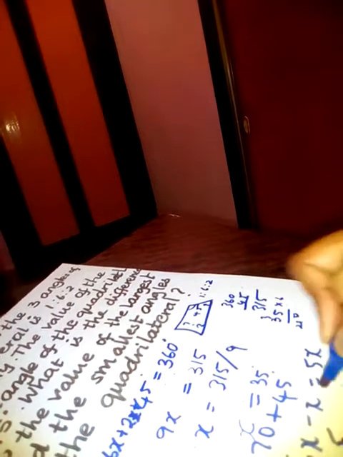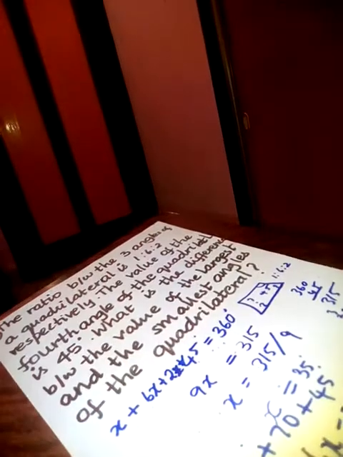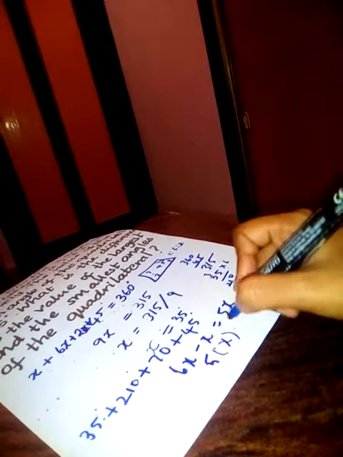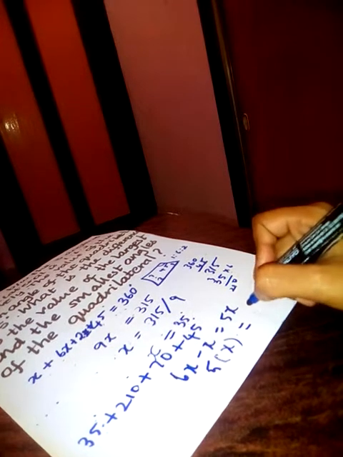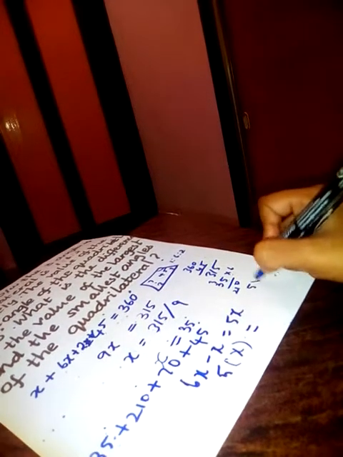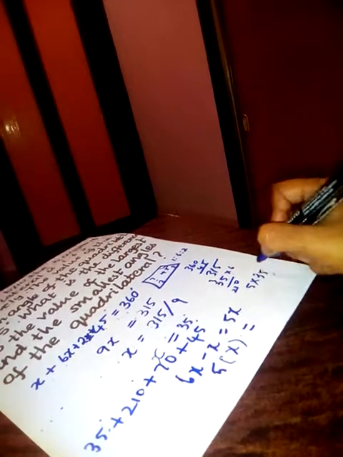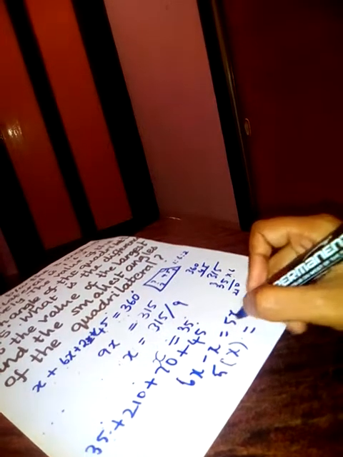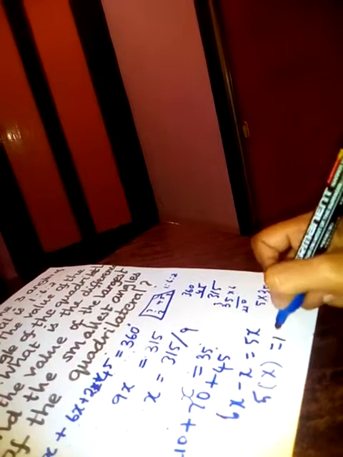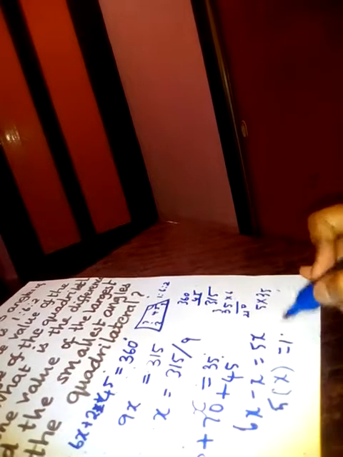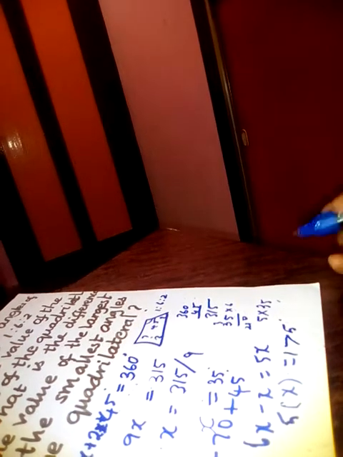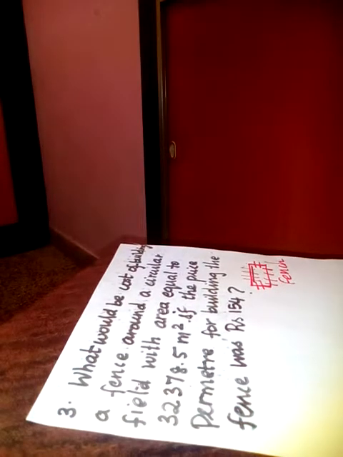On multiplying 5 into the value of x, 5 into 35, we will be getting 175. Here we go. We will move on to the third question.